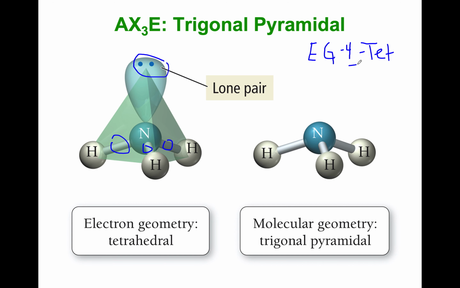But because one of these electron regions is a lone pair, that changes the molecular geometry to this trigonal pyramidal. Okay, so trigonal, there's 3 coming off, and there's nothing up top here. There's no atom, there's a lone pair, so that has a pyramid shape coming down. So that's trigonal pyramidal from this electron geometry of 4, but only bonding to 3 atoms.